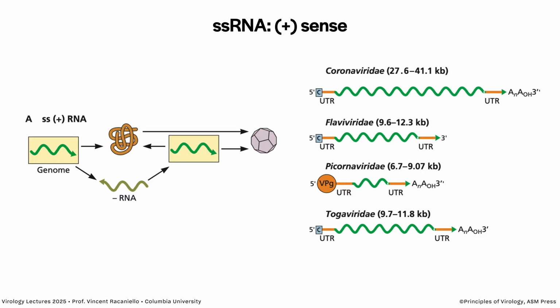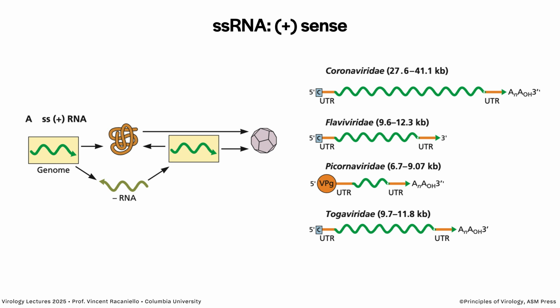Then we have plus-stranded RNA viruses, which I think are the simplest that you could devise, but they're not alone. Plus-stranded genome, which can be directly translated into protein once it gets into a cell and start the replication cycle. And here are some examples of RNA viruses of plus polarity.